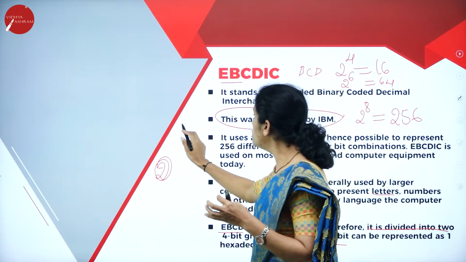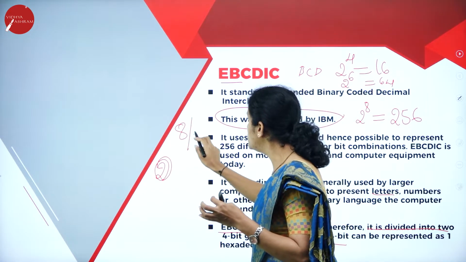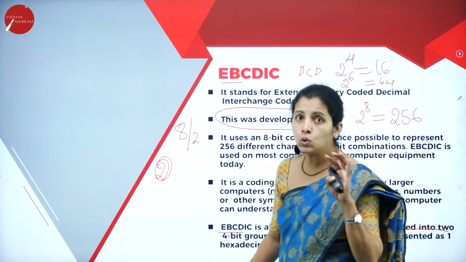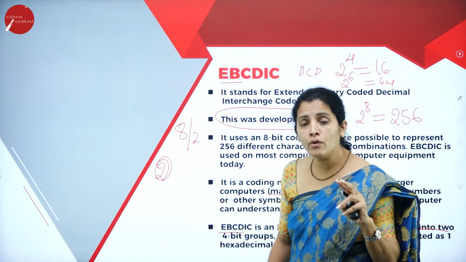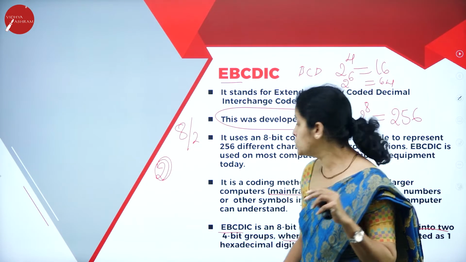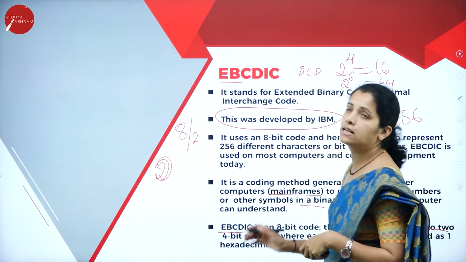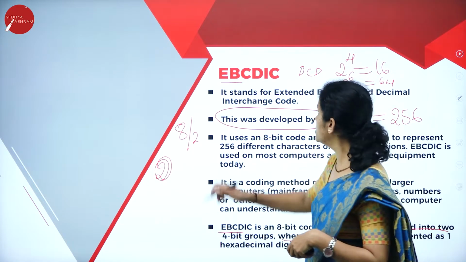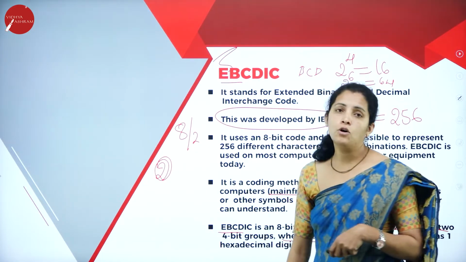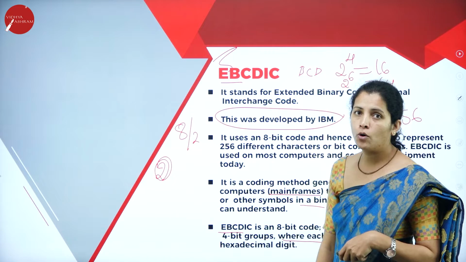So I'm going to divide this 8 by 2. I'll make 2 groups and each group includes 4 bits and is used to represent 1 hexadecimal digit. So dear student, from the examination point, this is also a very important topic.